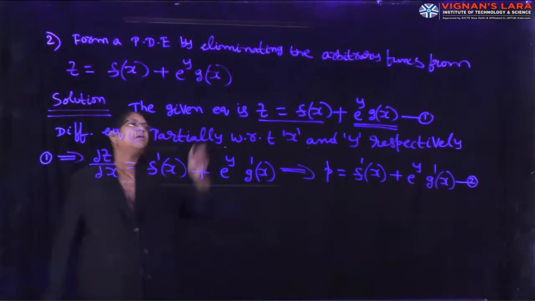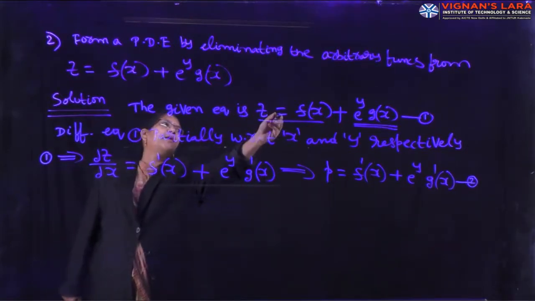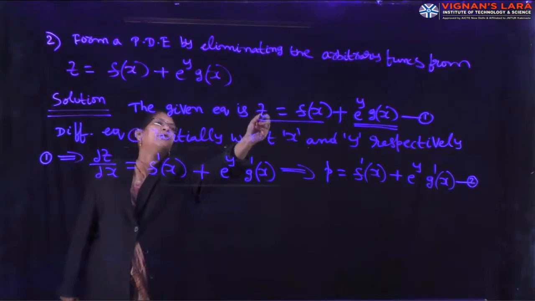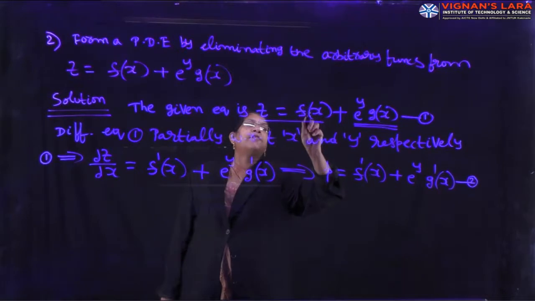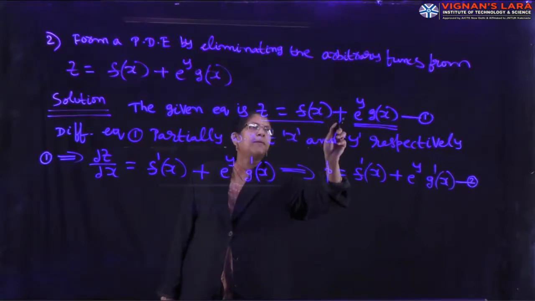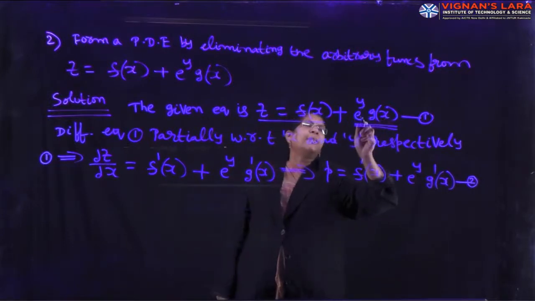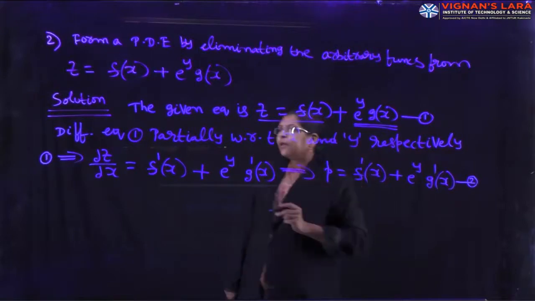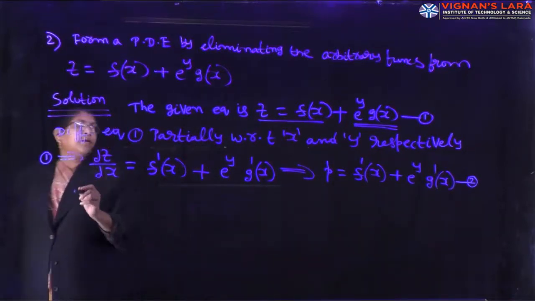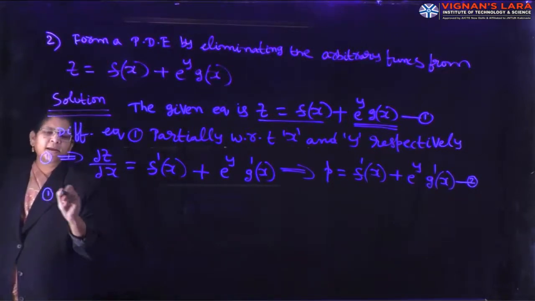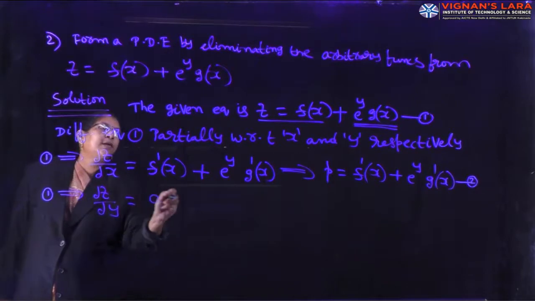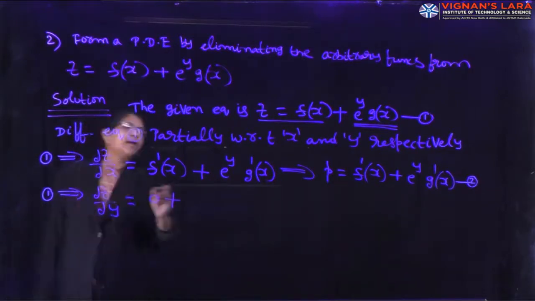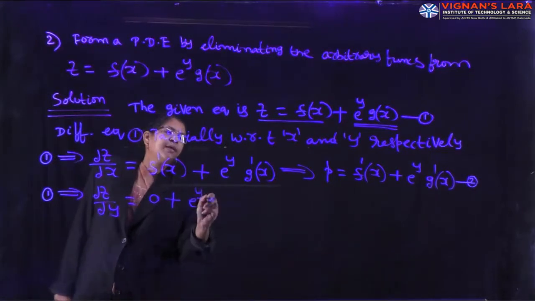Dou z by dou y equal to, for f of x the derivative is 0, because f of x is a constant.